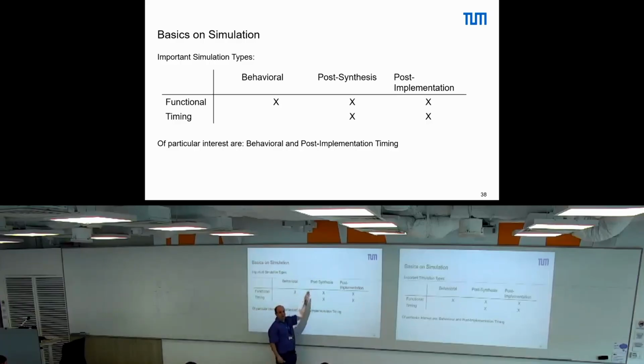This is what we have available for the synthesis. So we synthesized our circuit. We have a gate level netlist. We have a transistor level netlist. We know which components from our gate library we have selected, and this gives the timing for these components. Now, where we are not yet is the information for the wires.